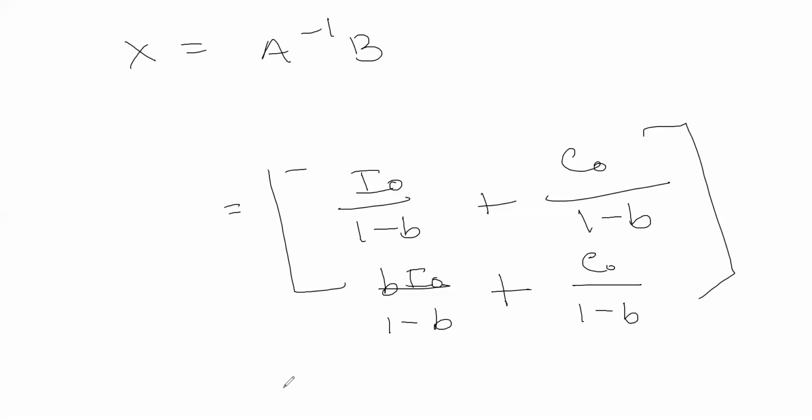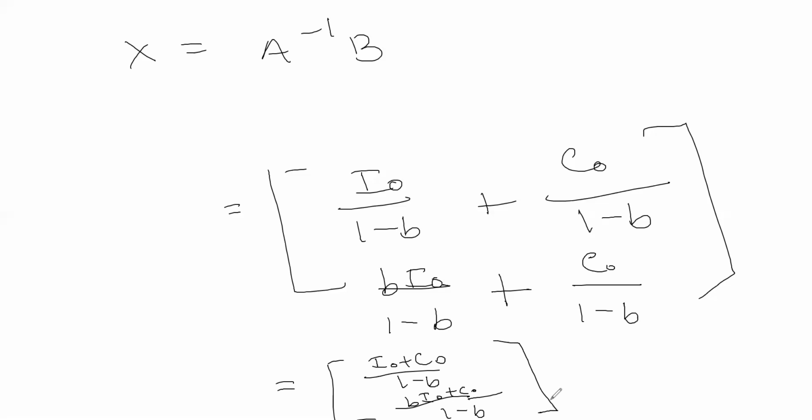So finally, if you add them up, the final answer is I naught plus C naught over 1 minus b, and here b I naught plus C naught divided by 1 minus b.